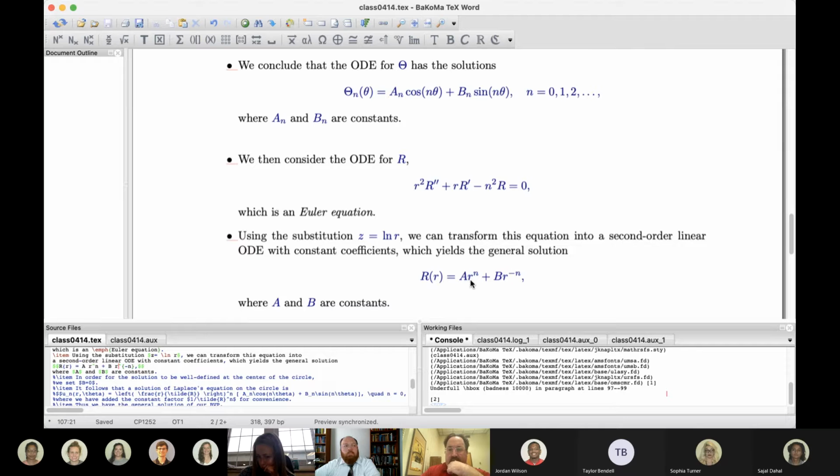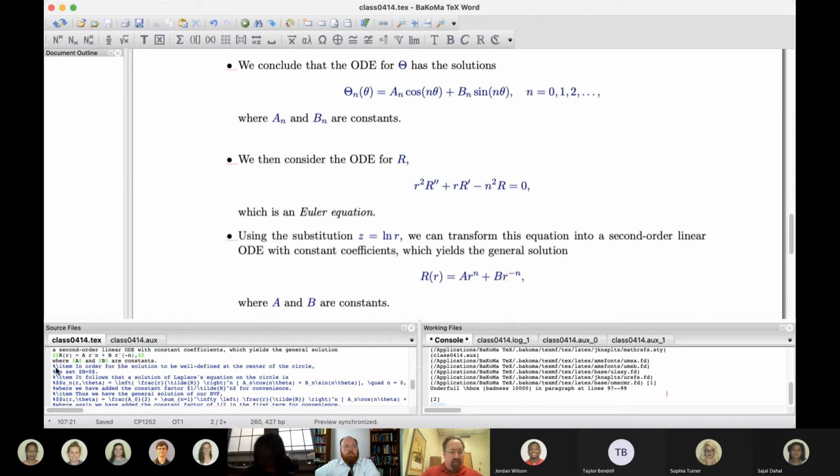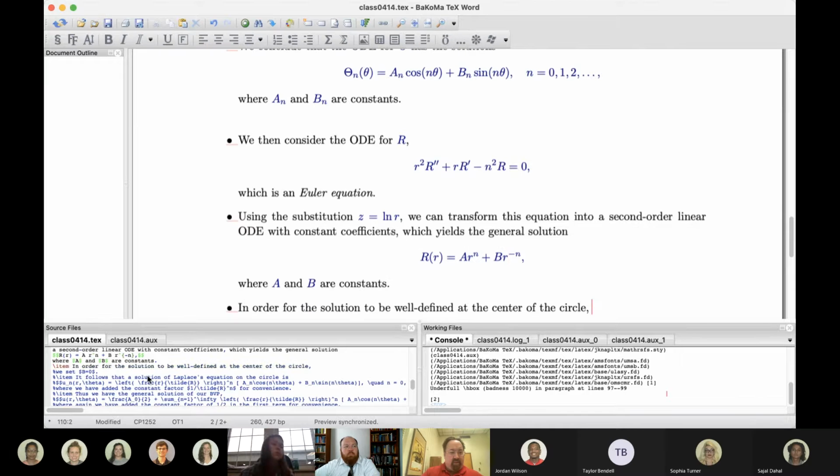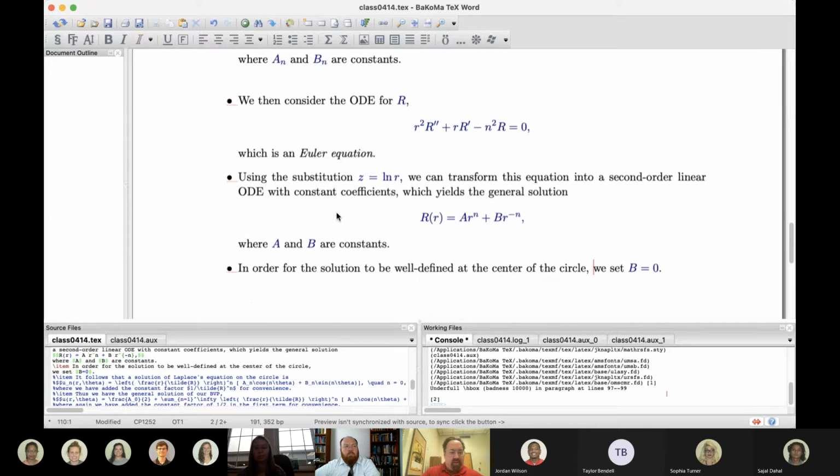It's a linear combination of r to the n and r to the minus n, for constants a and b that would relate to the boundary conditions. But the thing is, we need the solution to be well defined at the center of the circle. r equals 0 is the center of the circle. We can't be taking a negative power of that. So we drop this term. We require that capital B is 0.